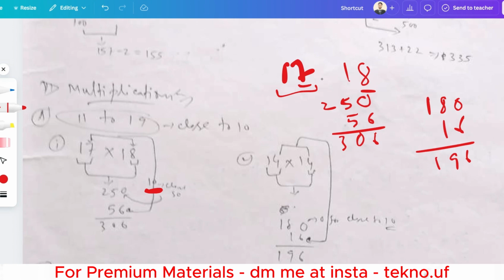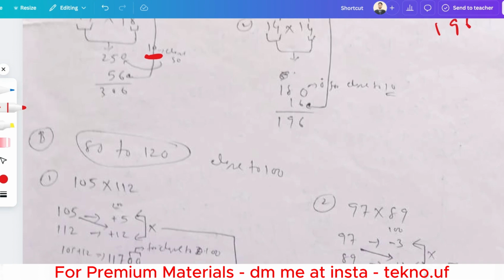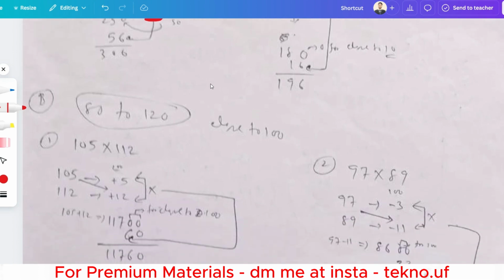Let me go to the next range, that is from 80 to 120. These numbers are close to 100, and 80 to 120 is the range. So here 105 into 112, if you multiply these numbers, how to calculate that?